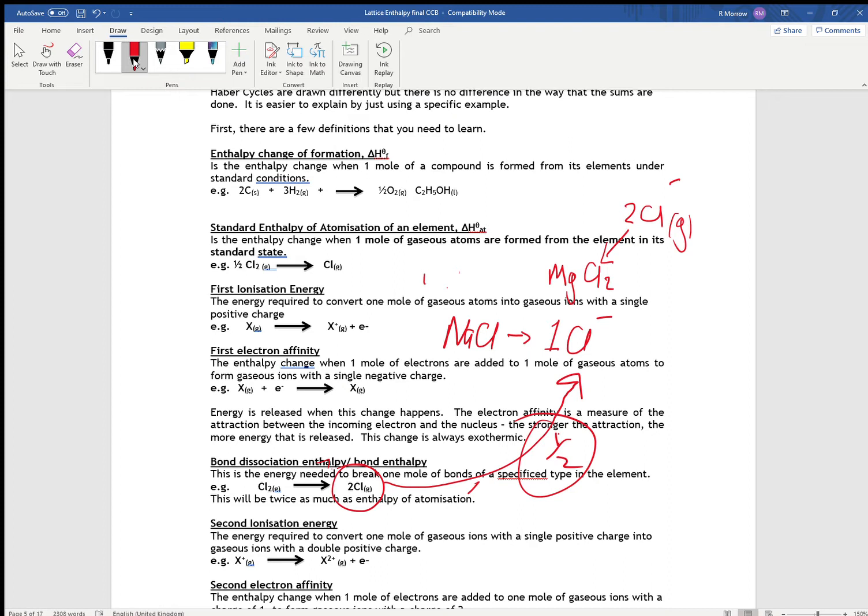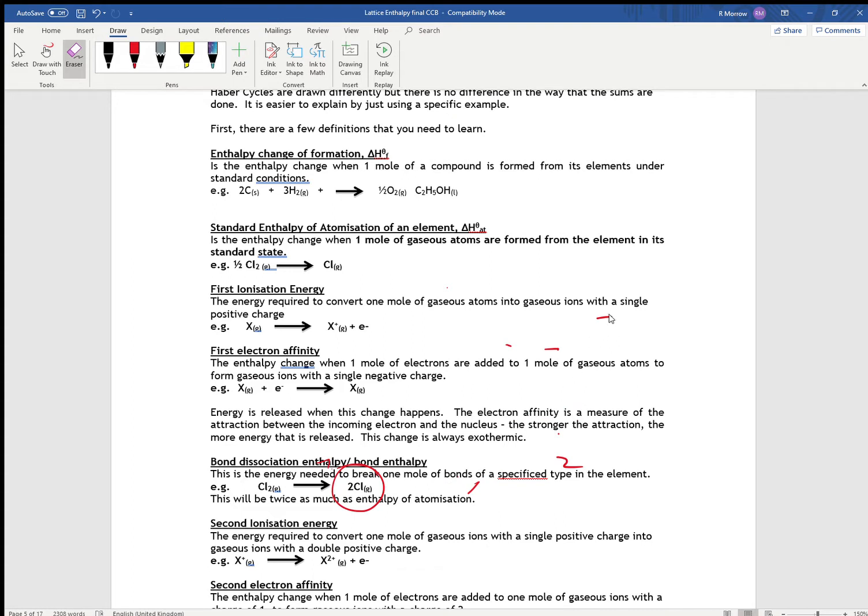If they give you the enthalpy of atomization of chlorine for a compound like sodium chloride, that's fine, you just keep it as is, just 1 atomization of chlorine. Hopefully that makes a bit of sense. We covered that this morning.